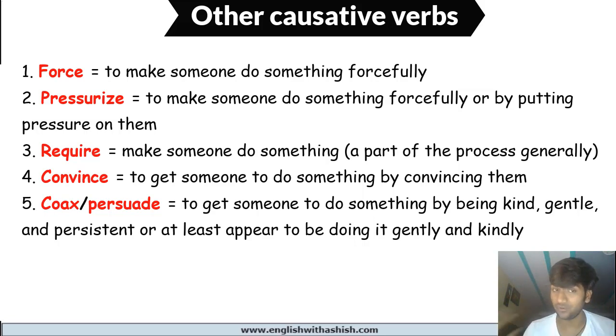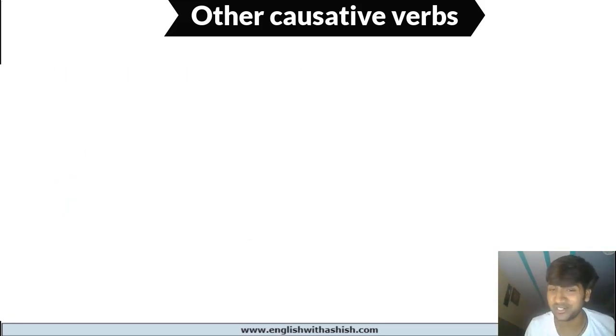You're not literally forcing the person, but it's a part of the process, and the person has to go through it. Convince is to get somebody to do something by convincing the person. Coax or persuade is to get someone to do something by being kind, nice, gentle, and persistent, or to at least appear to be doing it. The person thinks that you are being kind, gentle, and persistent.